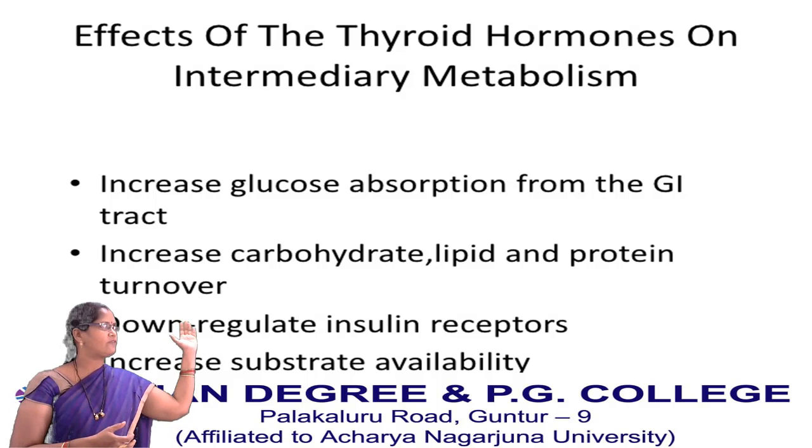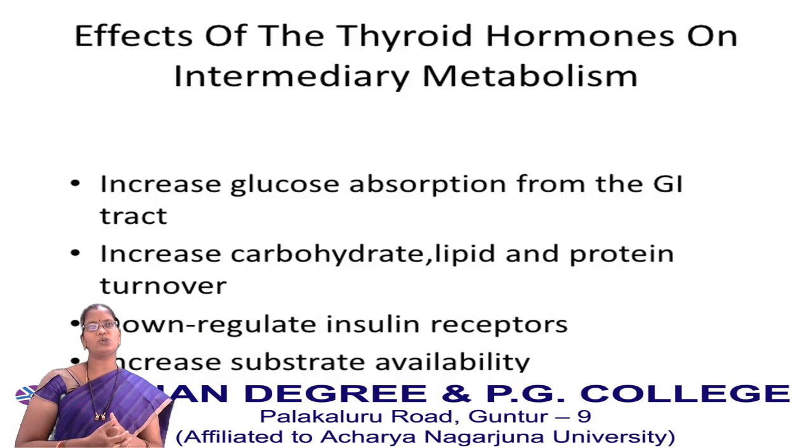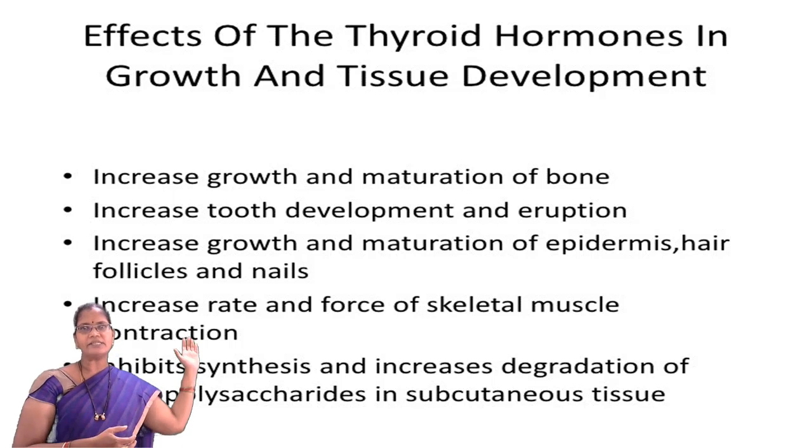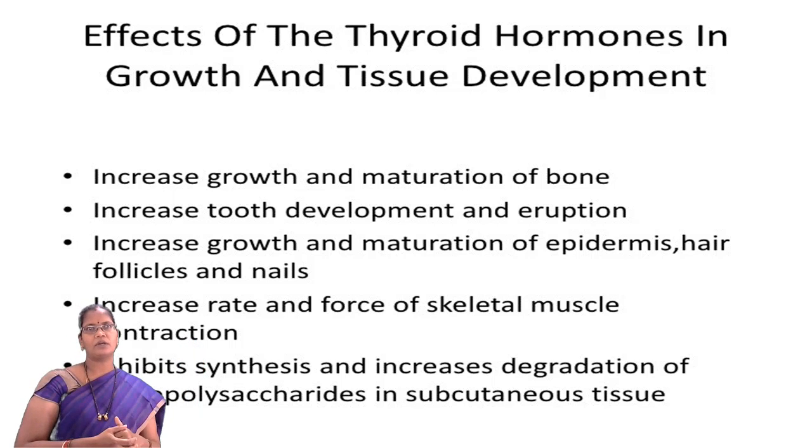So coming to the effect of thyroid hormones on growth and tissue development, mainly they increase the growth and maturation of bone, they increase tooth development and eruption, they increase growth and maturation of epidermis, hair follicles and nails, increase rate and force of skeletal muscle contraction, inhibit synthesis and increase degradation of lipopolysaccharides in subcutaneous tissue. So these are the effects of the thyroid hormones.